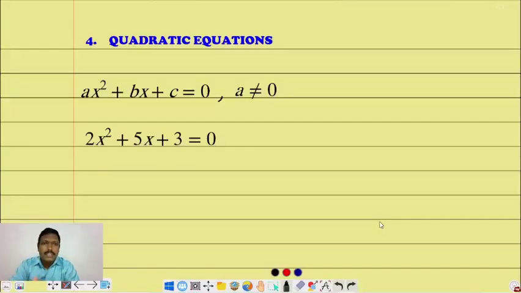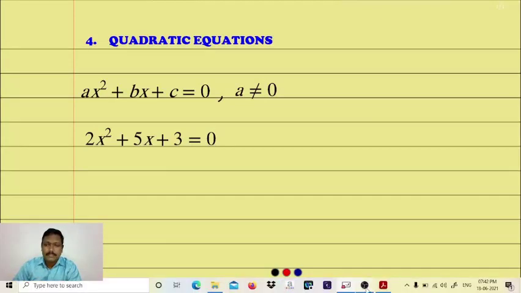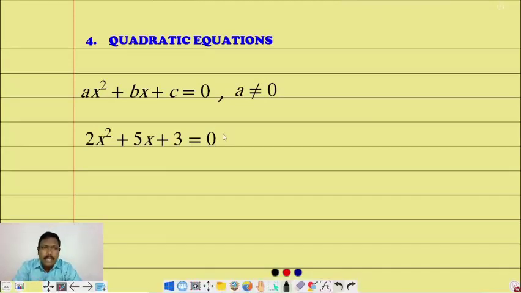Okay, so let us start the fourth chapter of your textbook, Quadratic Equations. See, the standard form of a quadratic equation is ax square plus bx plus c equal to 0, a not equal to 0.